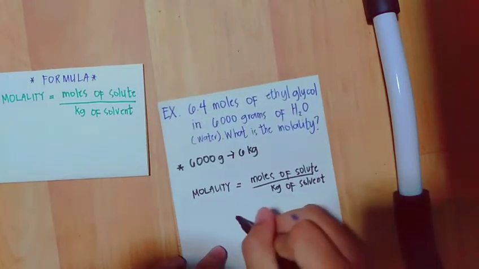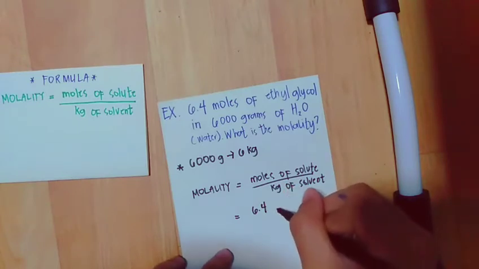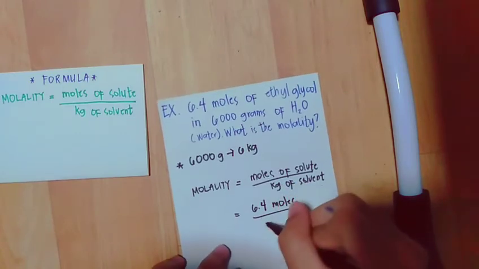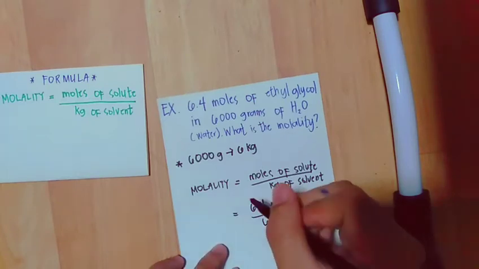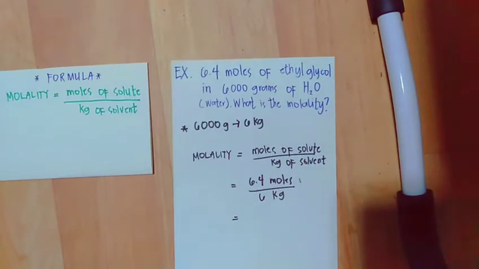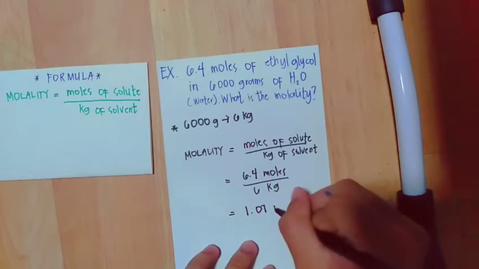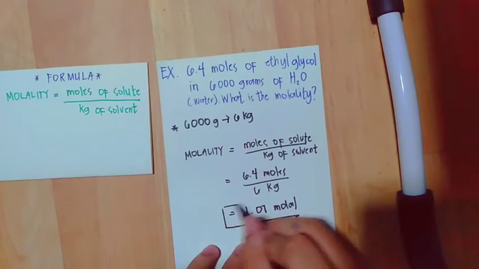So that is equal to 6.4 moles over 6 kilogram. So 6.4 over 6 kilogram is equal to 1.07 molal. So this is the final answer.